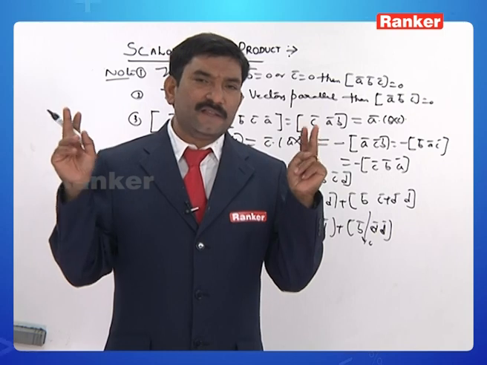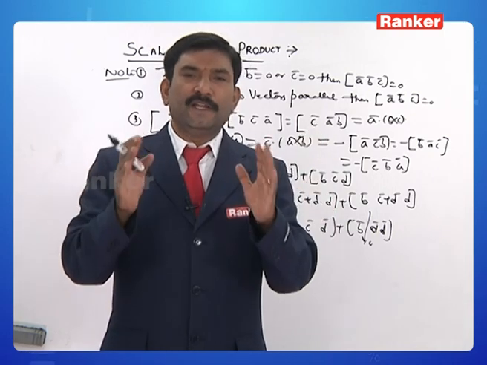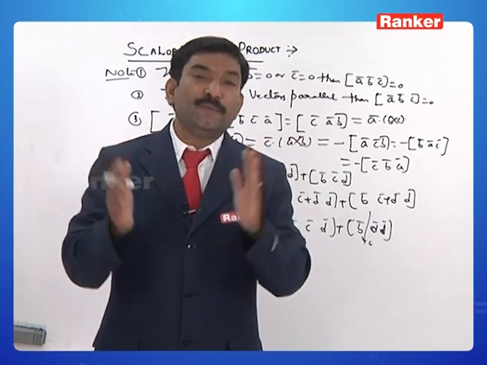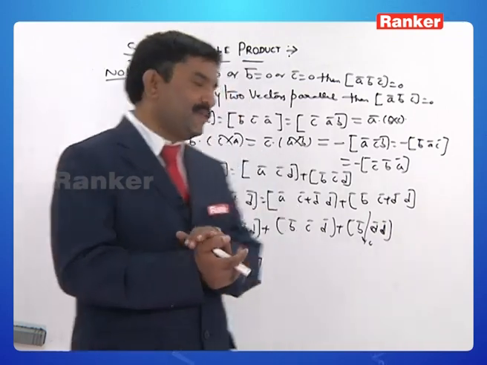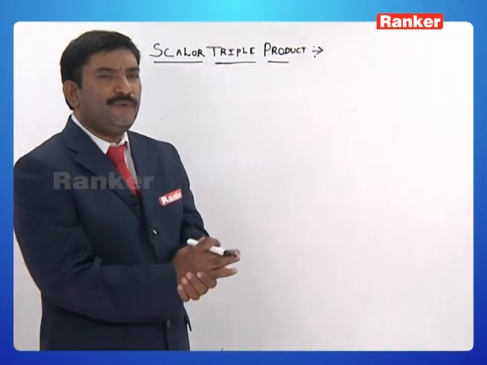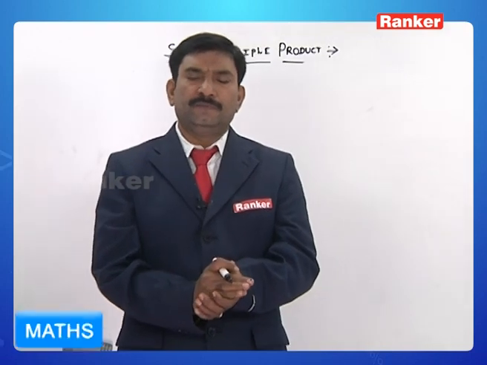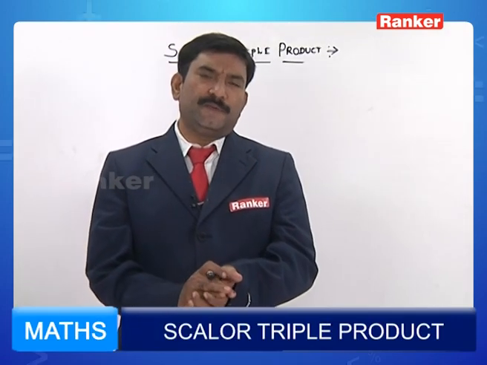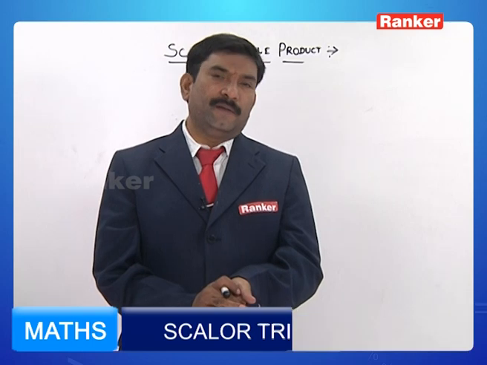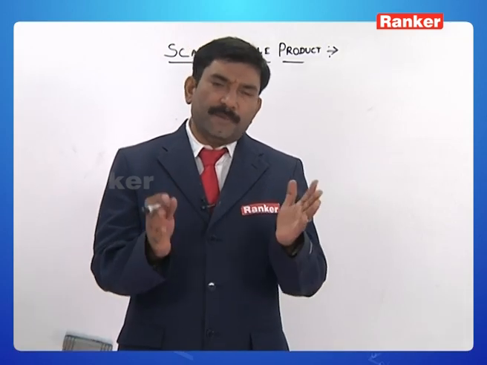If any vector is a sum of two vectors, then that box can be written as the sum of two boxes. Now, as we have discussed just now, if A bar is expressed in terms of L bar, M bar, N bar, B bar also, C bar also.